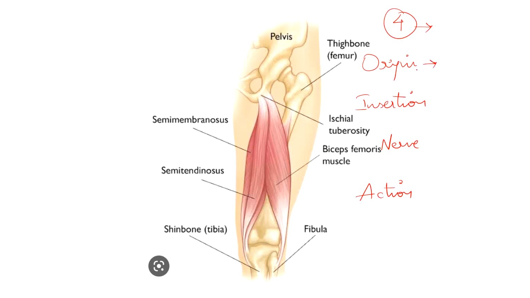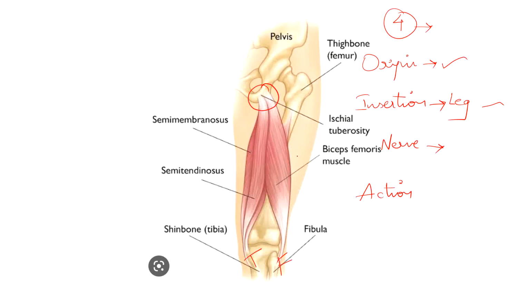Origin. All the four muscles have to take origin from ischial tuberosity. Insertion. All the four muscles have to get inserted either into tibia or into fibula, that is either one of the leg bones. Nerve supply.